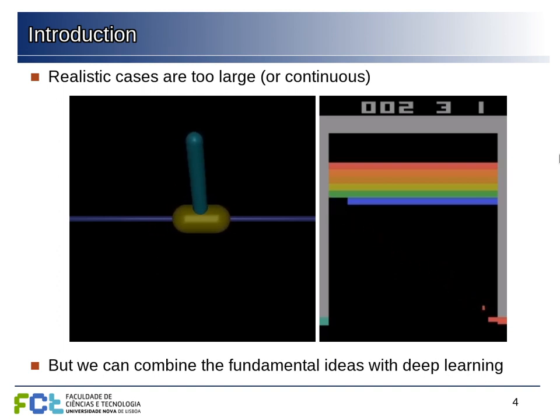Or we can have problems that have a continuous variable. So these, we cannot simply enumerate all possibilities. This would be, for example, the cart pole problem, where the actions are pushing the cart a bit to one side or the other, so we are applying a force and we are accelerating the cart. And what we need to do is to keep this pole balanced and prevent it from falling.